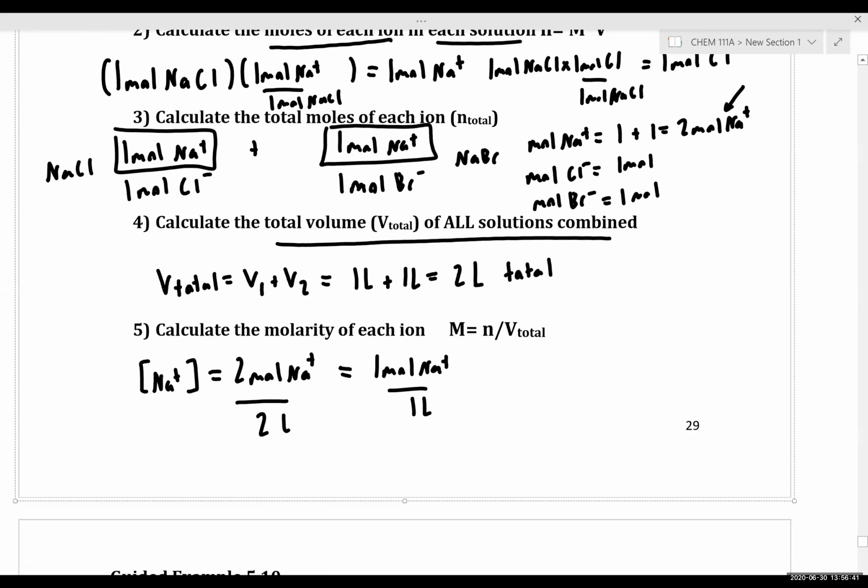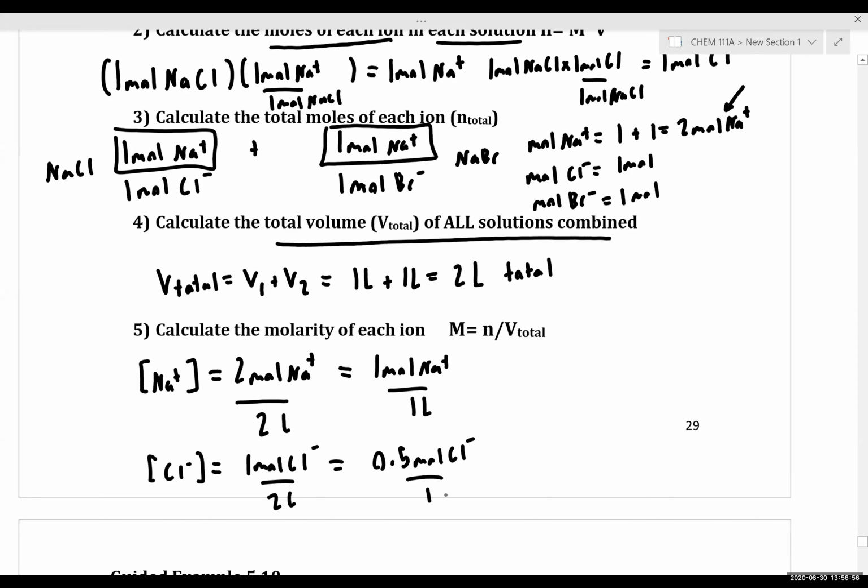The concentration of chloride would be 1 mole of chloride per, oh, not 1 liter, 2, since that's our total volume, which gives us 0.5 moles of chloride per liter. The concentration of bromide would be 1 mole of bromide per 2 liters, which gives us 0.5 moles of bromide per liter.